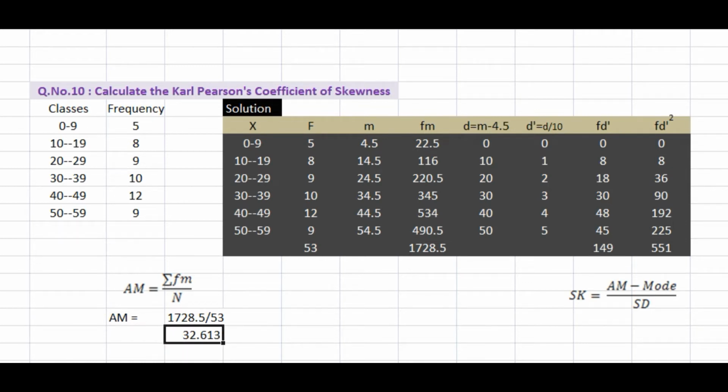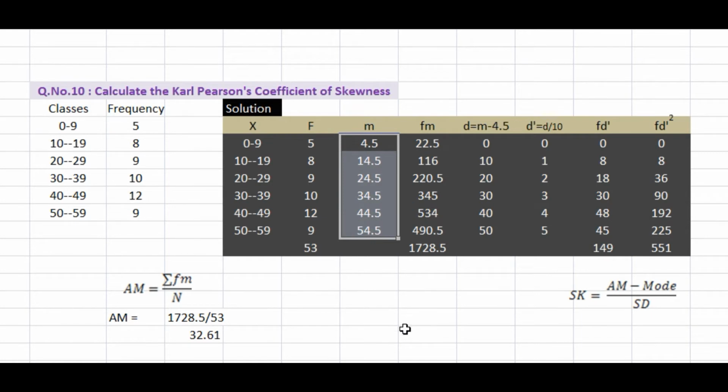Let me explain once again how to find this fm total. As per the given question, the class intervals and frequencies are used here. Then how to find the midpoint? M is the midpoint: 0 plus 10 by 2 is 4.5, 10 plus 19 by 2 is 14.5.